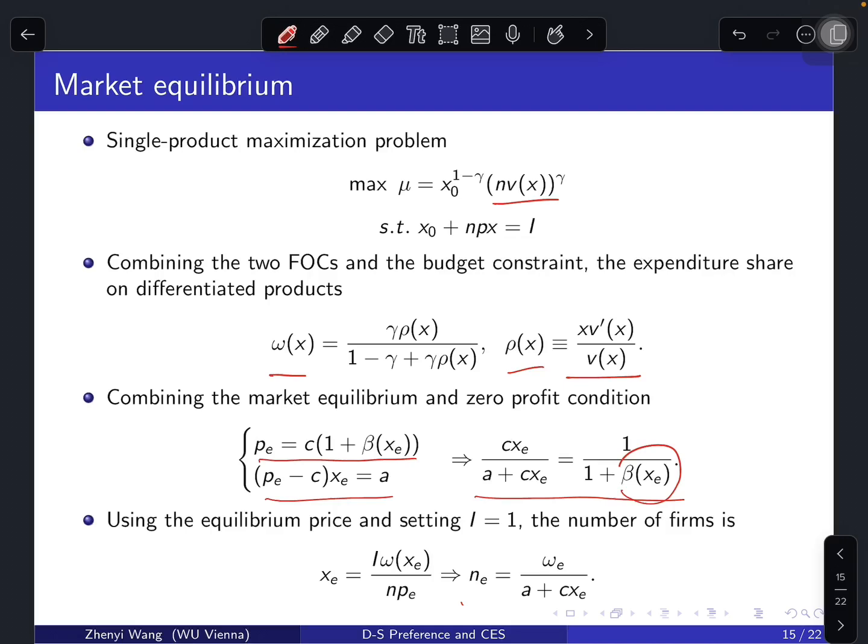Finally, using the equilibrium price and assuming I equals 1, the number of firms is calculated as N equals omega E over A plus CX. In short, the market equilibrium balances price, output, and the number of firms, ensuring profits cover the fixed cost.